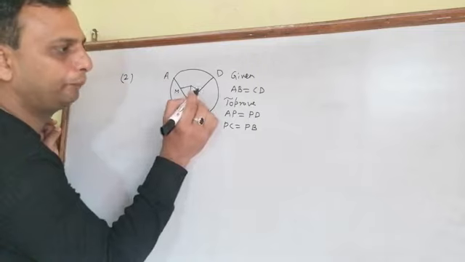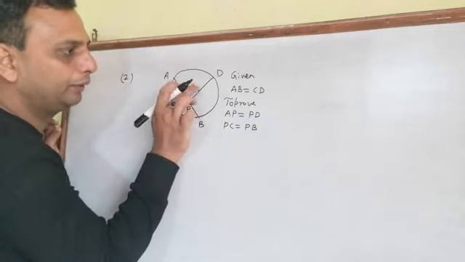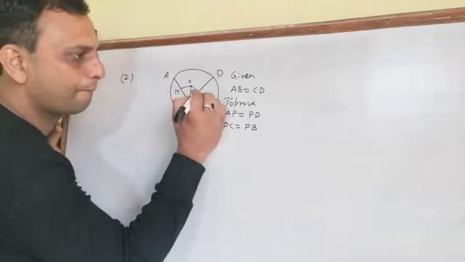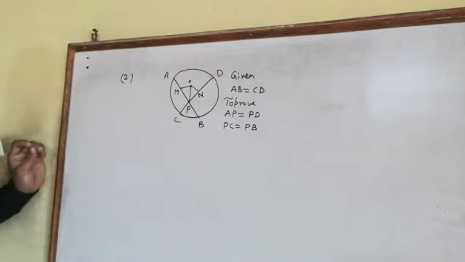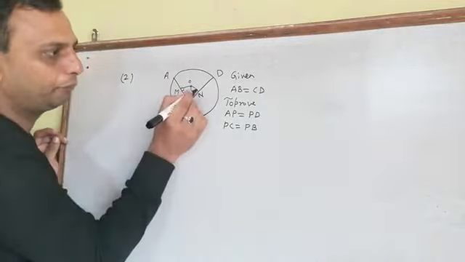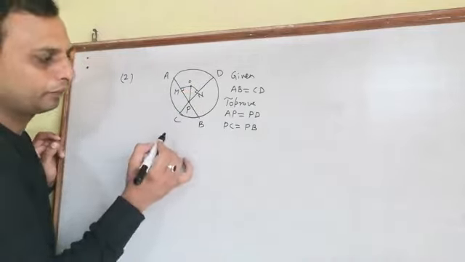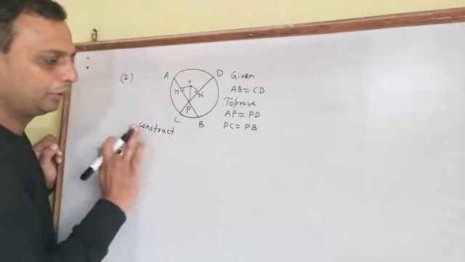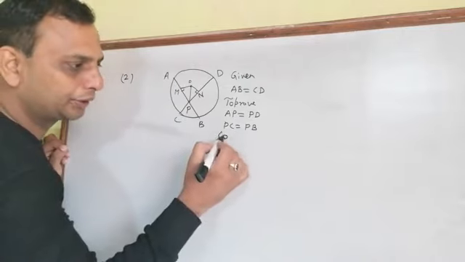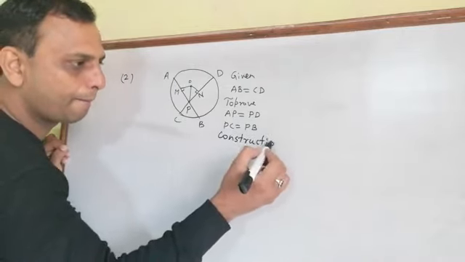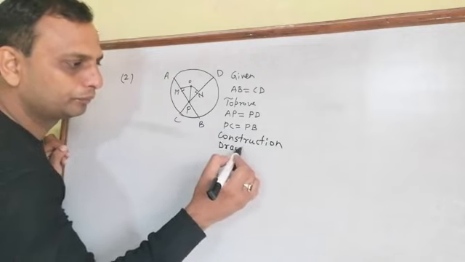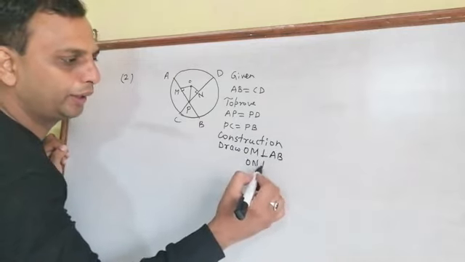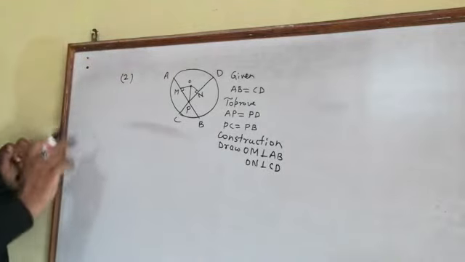This point you have to consider M, and this point you have to consider N. Now you will write here, in construction: draw OM perpendicular to AB and ON perpendicular to CD. Now we got this figure.